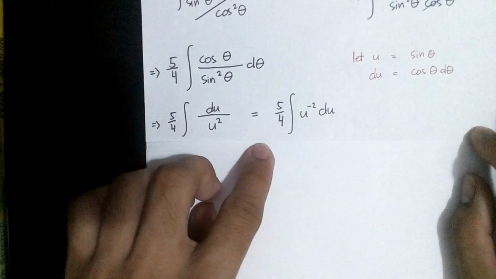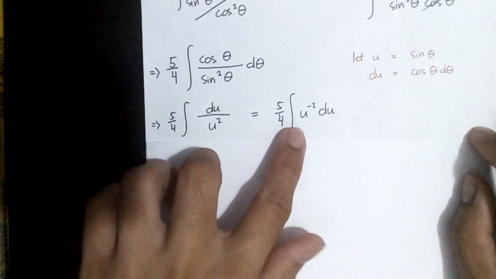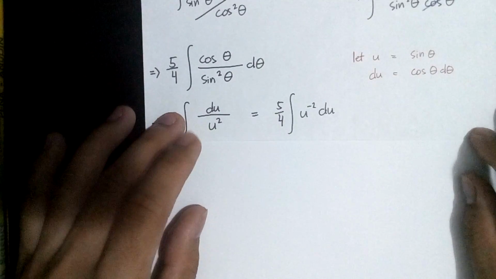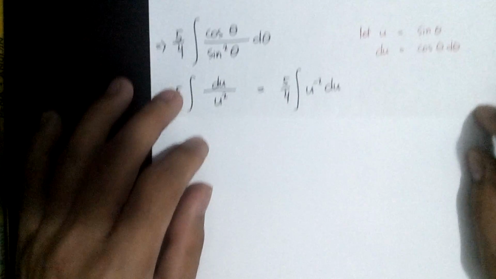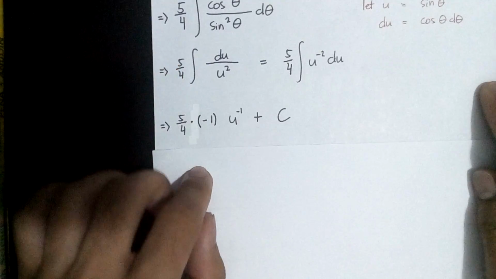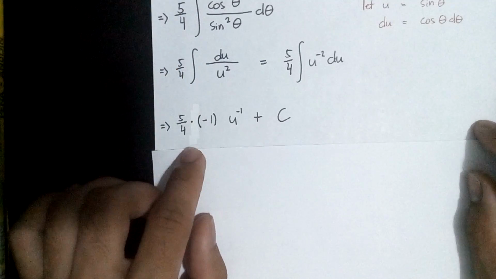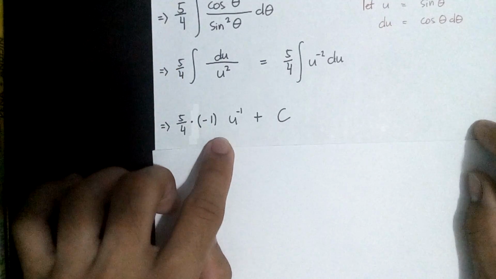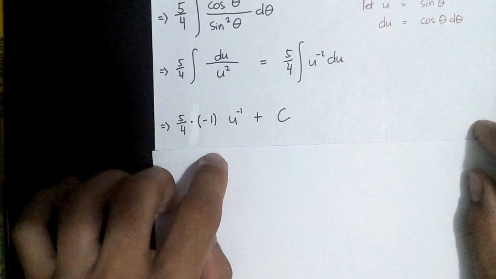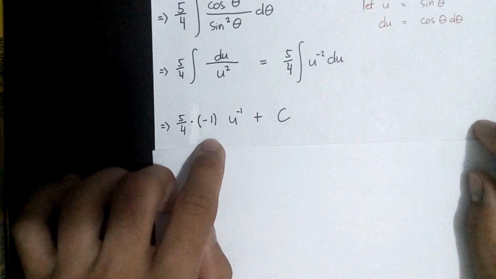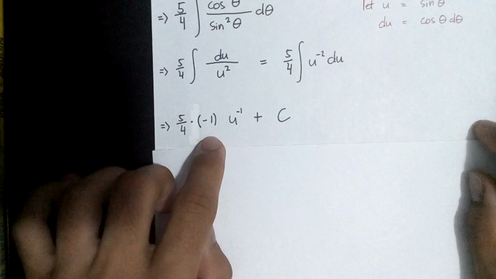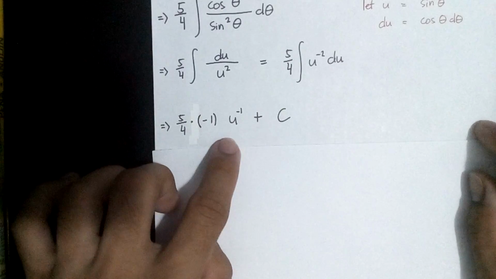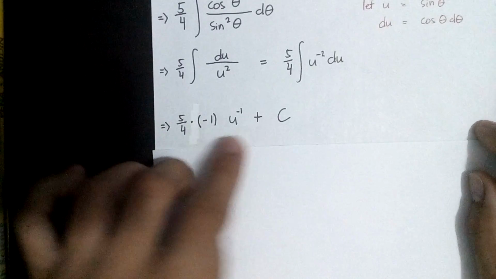And so we turn u squared into u raised to the power of -2, so we can utilize the power rule as such. So now we have 5/4 times -1 times u raised to the power of -1. Since we use the power rule, every exponent gets added with 1, plus c.